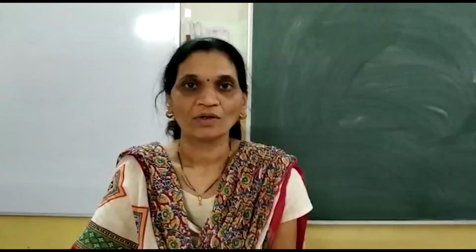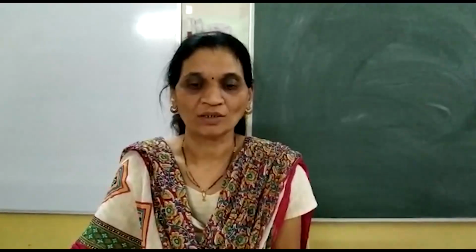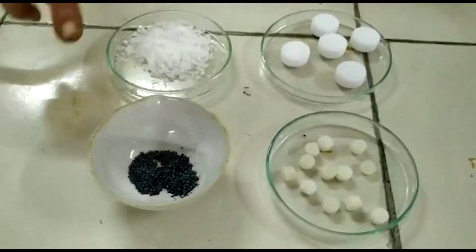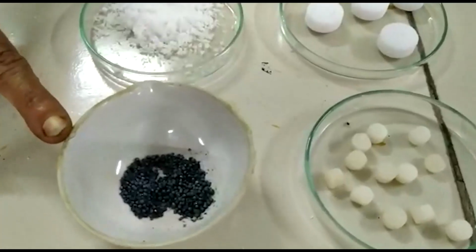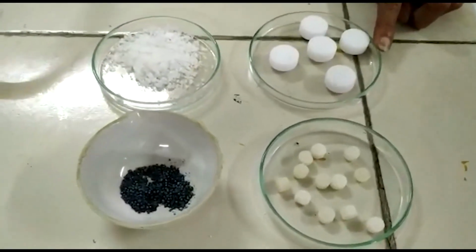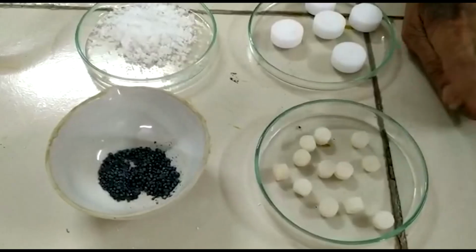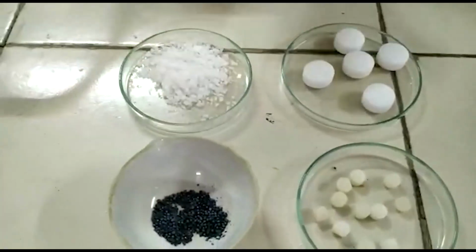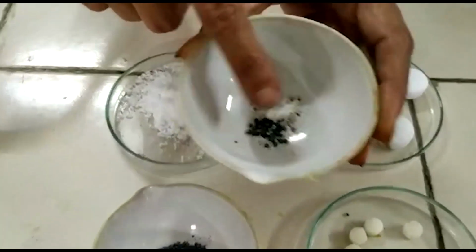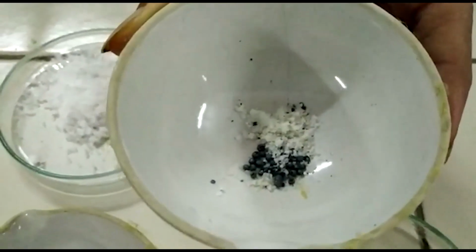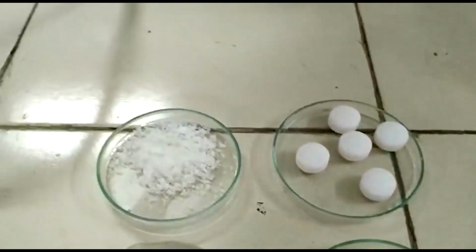Now we will do sublimation. Here are some sublimable substances. These are the iodine balls, ammonium chloride, naphthalene balls and camphor. If iodine balls and salt mix with each other, we can separate with sublimation.